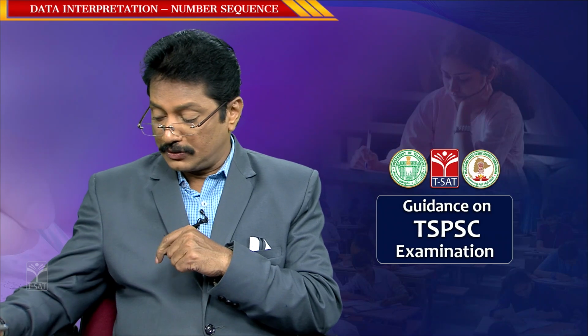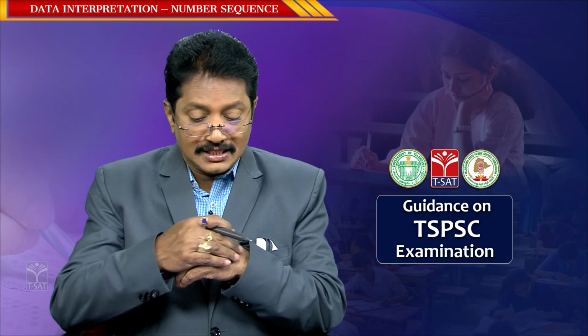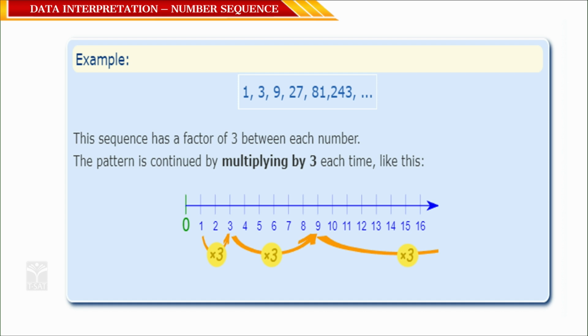Okay. Now, we will see this example: 1, 3, 9, 27, 81, 243. When you multiply 1 by 3, you will get 3. When you multiply 3 by 3, you will get 9. When you multiply 9 by 3, you will get 27. When you multiply 27 by 3, you will get 81.